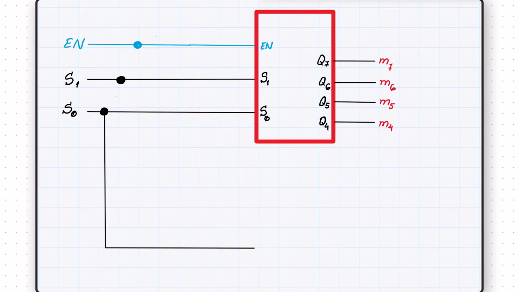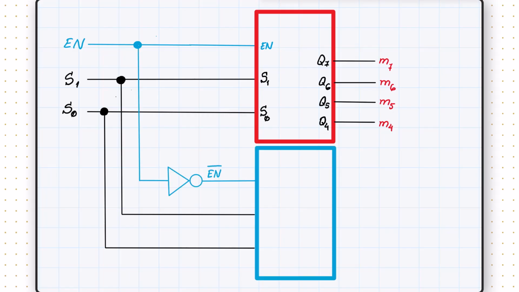We will organize another input from S0, another input from S1, and from the enabling signal we're going to attach one inverter, and then the three of them will become the inputs for the second 2 to 4 decoder, and the blue one remains the enabling signal.